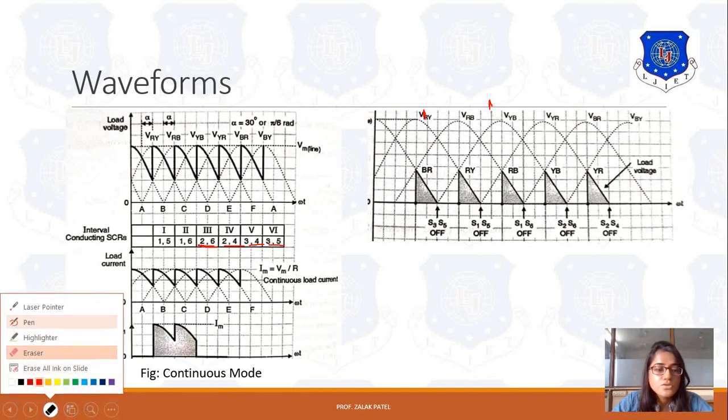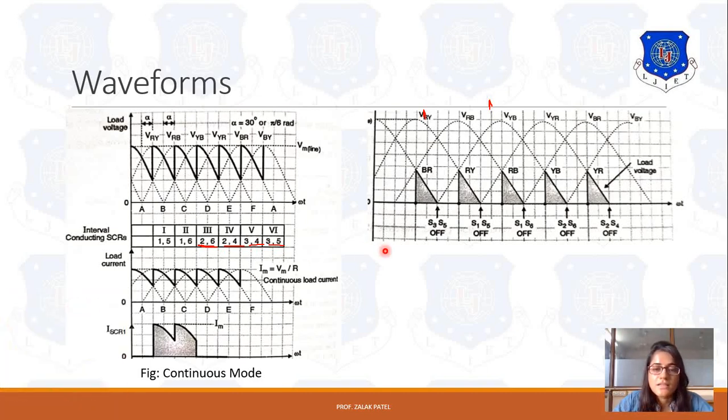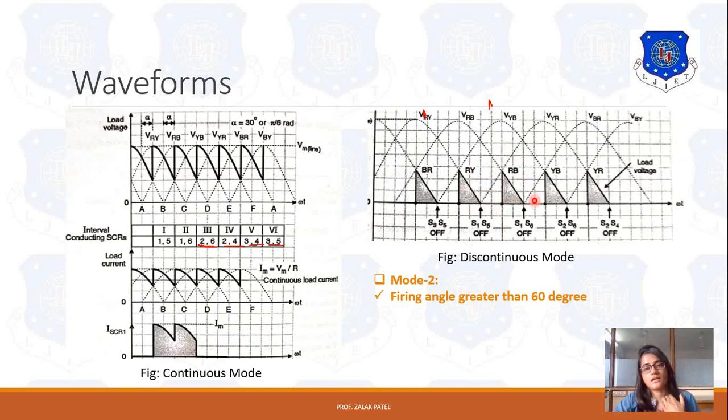So we can easily say that mode 2 is discontinuous mode, means it will go to 0 and then after some time it starts conducting, again goes to 0, then after some time it starts conducting. While in the case of continuous mode, it conducts continuously and never reaches the 0 level.